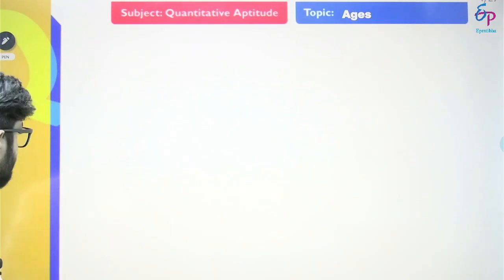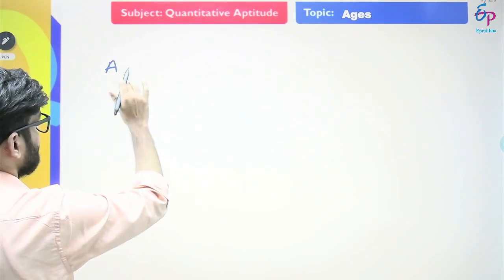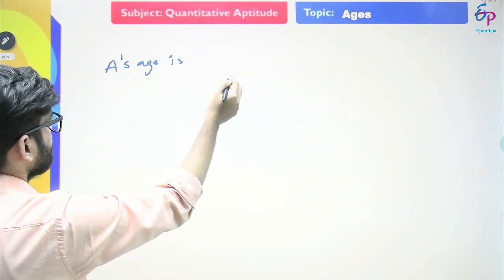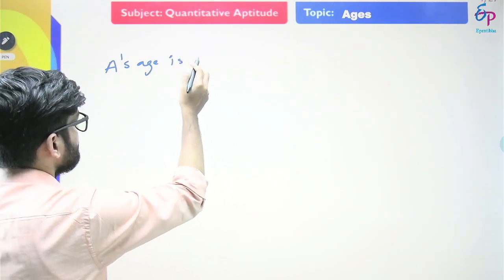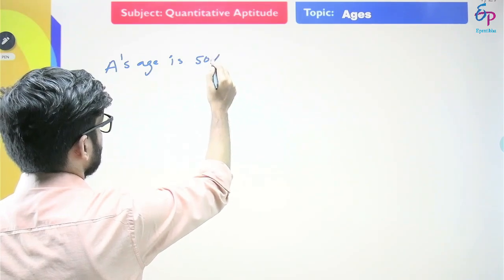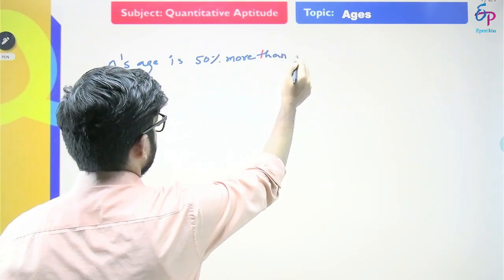Now if I give you like this: A's age is 50% more than B's age.